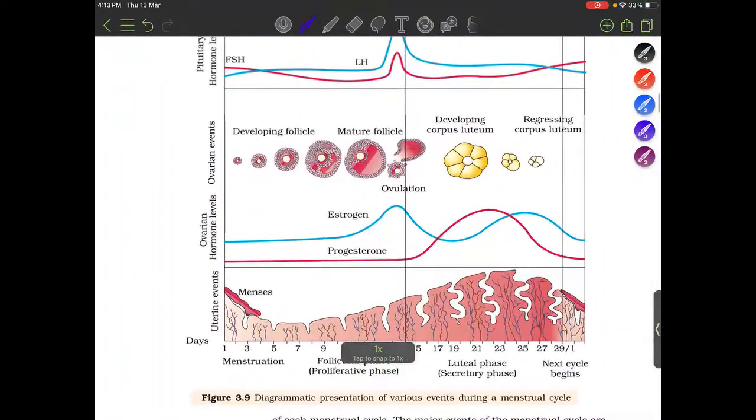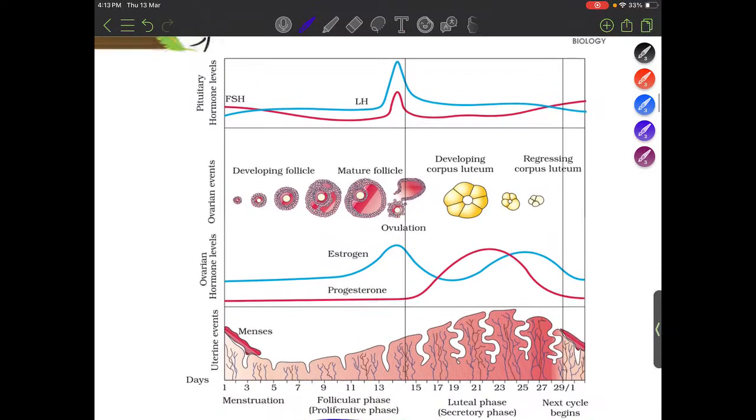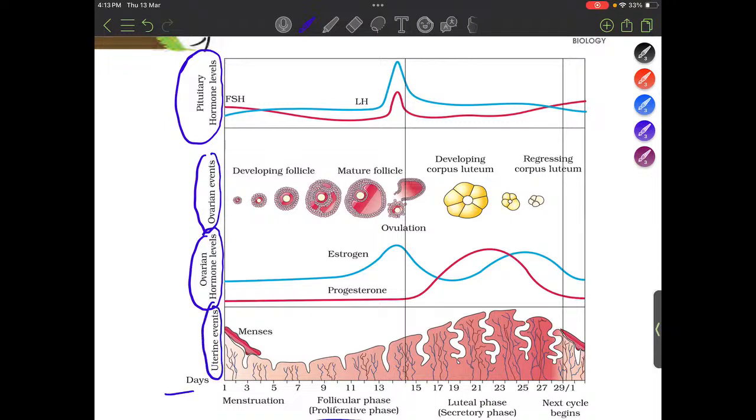So here is a diagrammatic representation of various events during the menstrual cycle. Here is pituitary hormone level, here is ovarian events, here is ovarian hormone level, and here is uterine events, and here days are given.